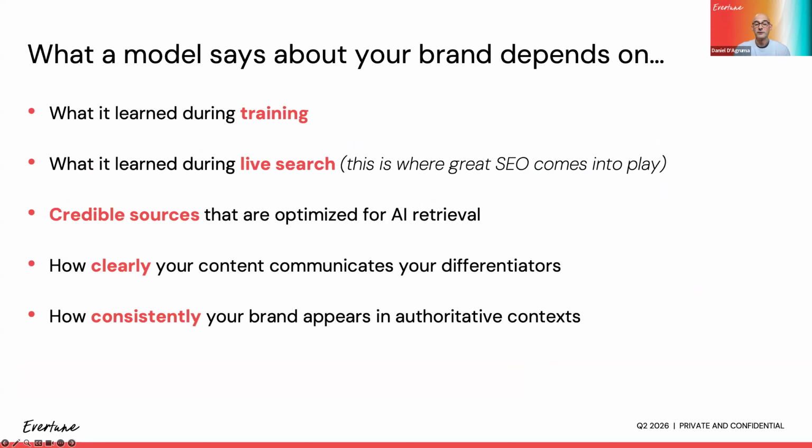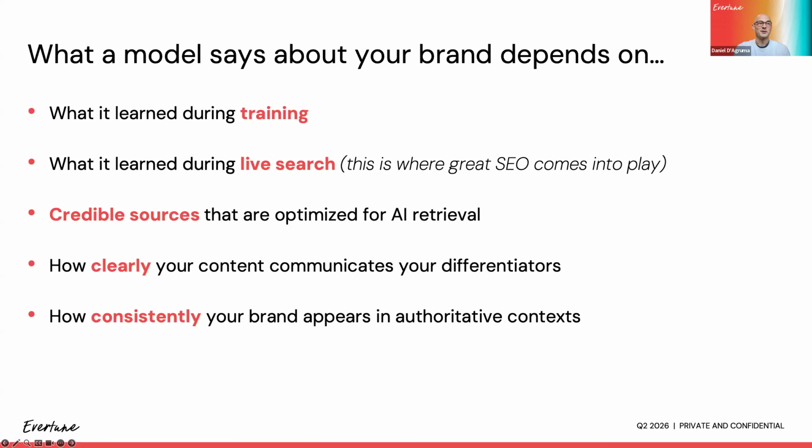Okay, so what does this mean for your brand? What a model says about you depends a lot on what it's learned during training, that is like the pre-med and med school, and what it learned during live search. And this is where great SEO does come into play. So that's like working in the hospital. Credible sources that are optimized for AI retrieval. It will trust the attending for medical advice over an IT technician or the hospital janitor.